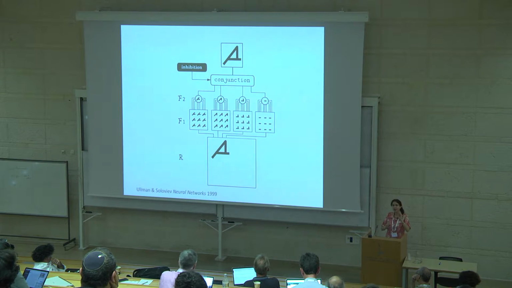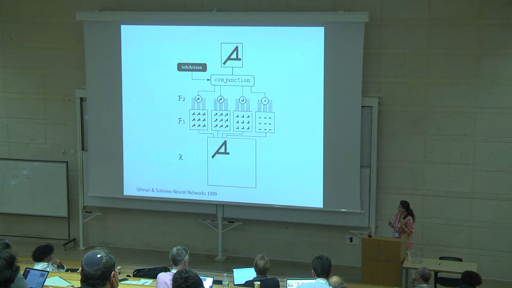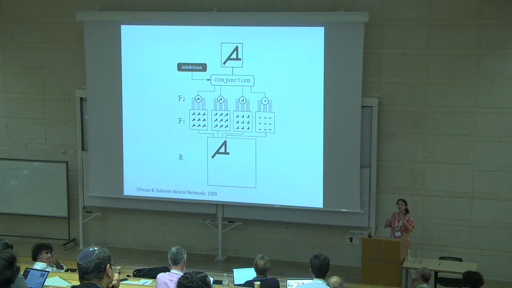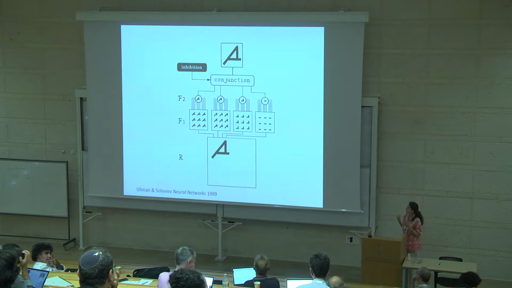So we would like to build detectors that are small, but whose range of invariance will minimize misidentifications.